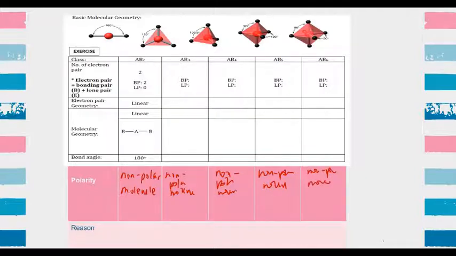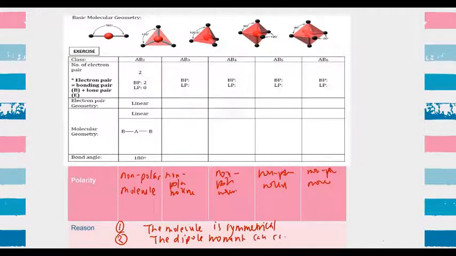So, reason dia. Okay, apa reason dia? Reason yang pertama yang you kena bagi. Okay, so, you kena cakap the molecule is symmetrical. Okay, molecule is symmetrical and hence the dipole moment can cancel out each other.